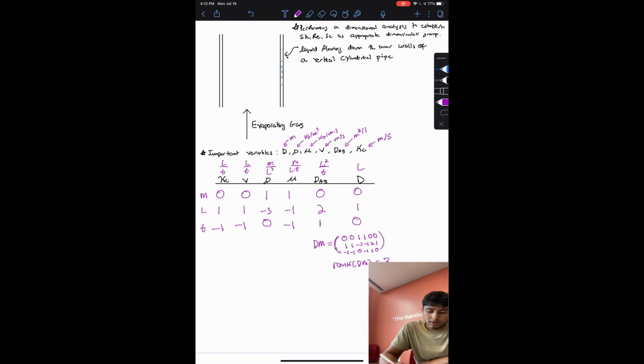And how do we know that? We know that because of the Buckingham method. And that allows us to find the number of dimensional groups in a problem.